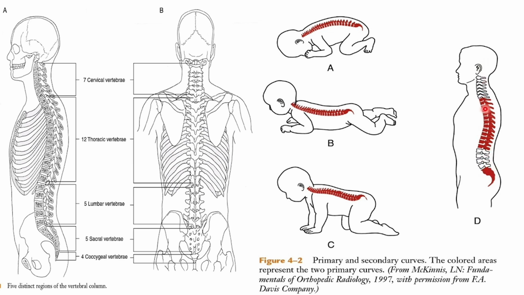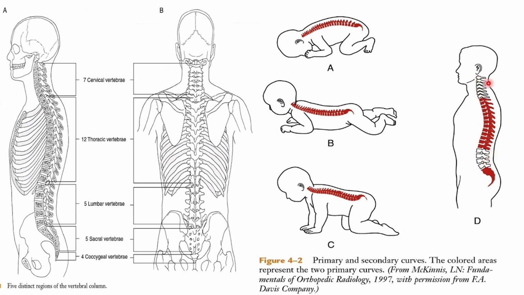The curves that have a posterior convexity and anterior concavity are referred to as kyphotic curves. So primary curves are otherwise known as kyphotic curves, and secondary curves are otherwise known as lordotic curves, because lordotic curves have posterior concavity and anterior convexity.